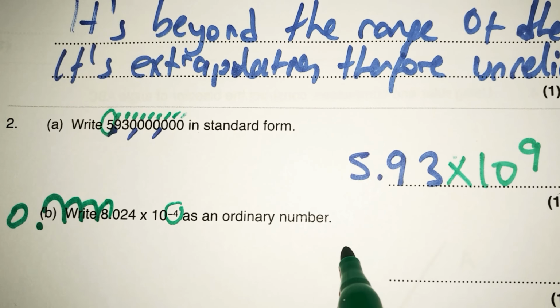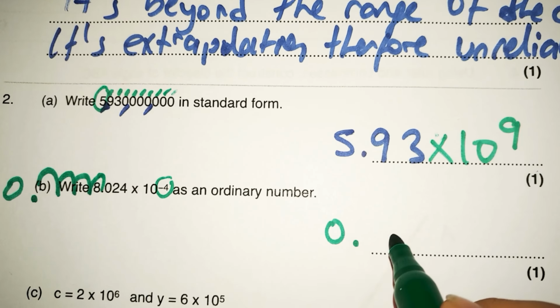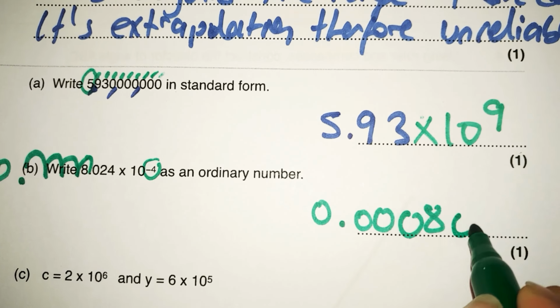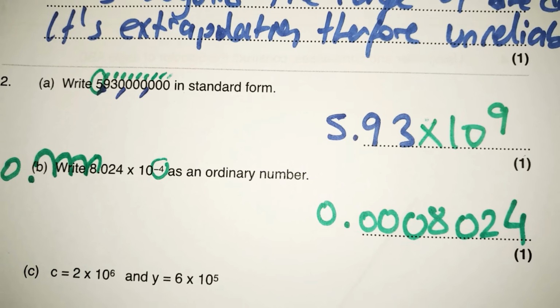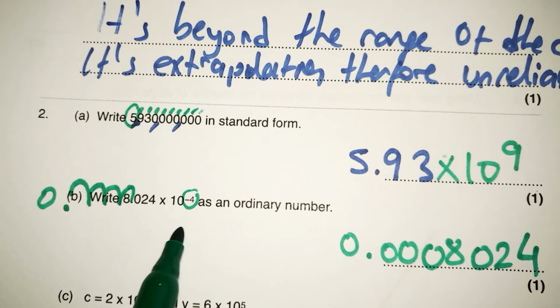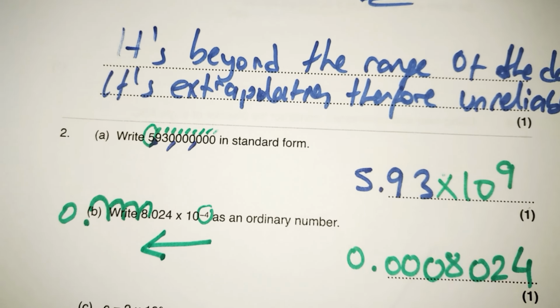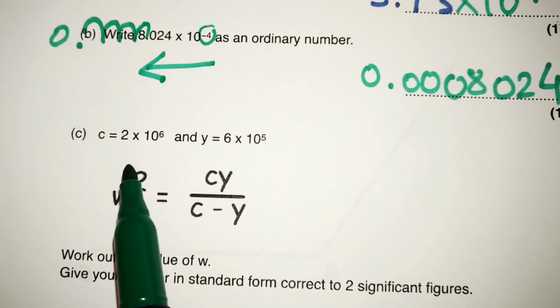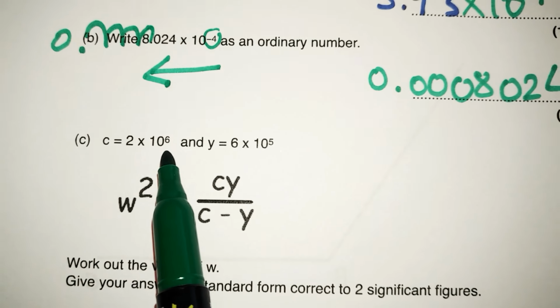So basically it will be 0.0008024. Because it's -4, I move to the left. Remember that.